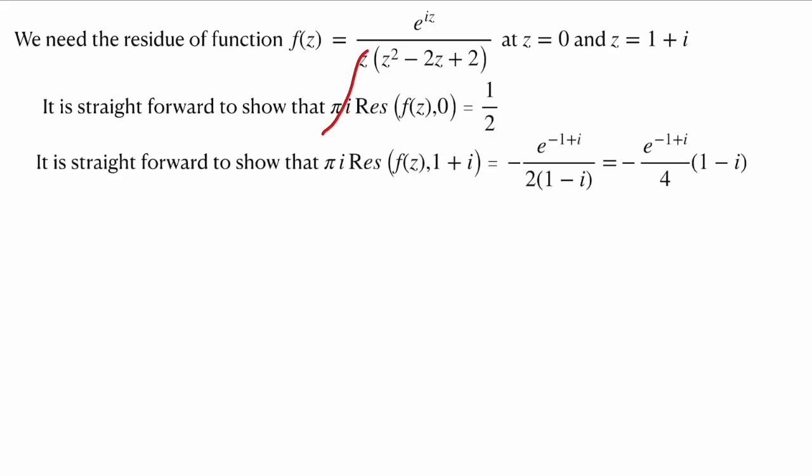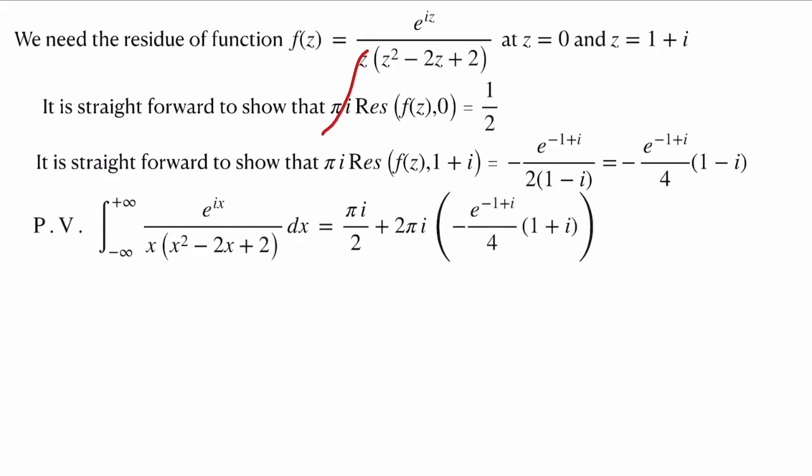You can also evaluate the residue of f(z) at z = 1 + i, and it turns out to be −e^(−1+i) divided by 4(1 − i). Once we have the residues, the principal value of the integral from minus infinity to plus infinity of e^(ix) divided by x(x² − 2x + 2) dx is given as πi divided by 2, plus 2πi times the residue of f(z) at z = 1 + i.